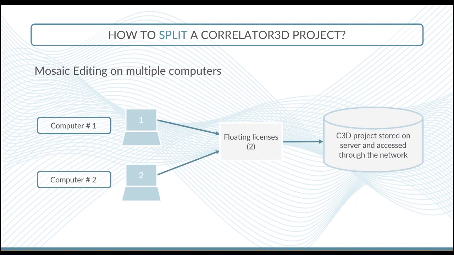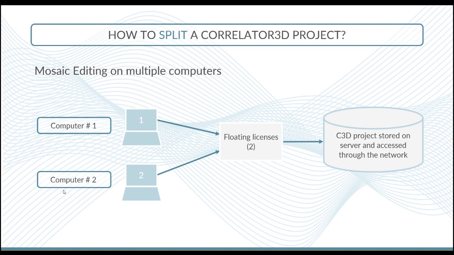Now there's also another thing that can be done from different computers, and it's the Mosaic editing. There is this one module in the Mosaic editing that can be edited from different computers. This requires a floating license, and then you need to have a Correlator3D project that will be stored either on a server or on one computer.